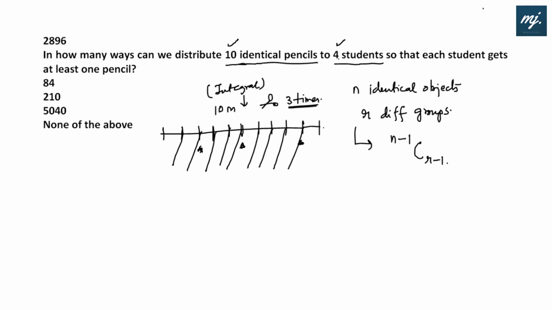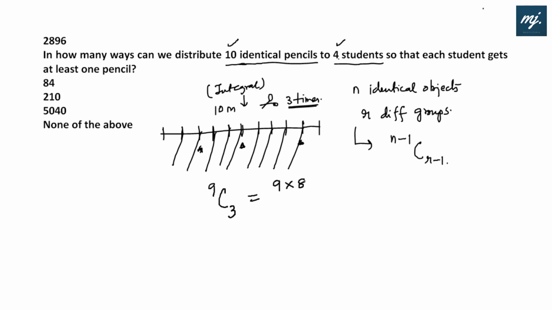So if I have a 10-meter cloth to be distributed among 4 different people, I just need to make cuts only 3 times, and these 3 cuts need to be selected out of these 9 cut points. In how many ways can it be done? 9C3 ways.